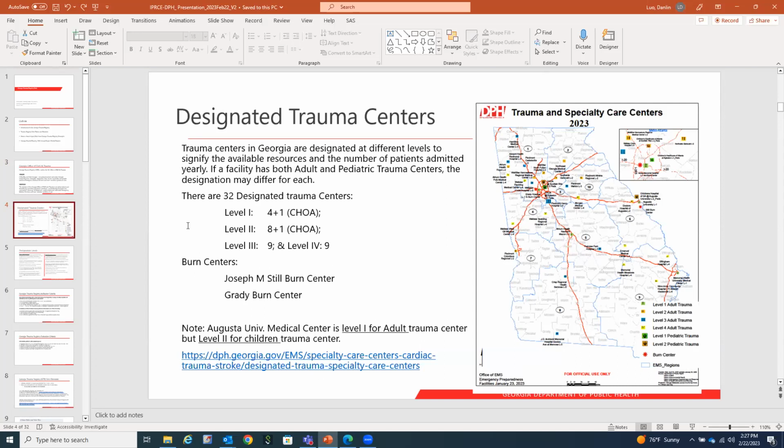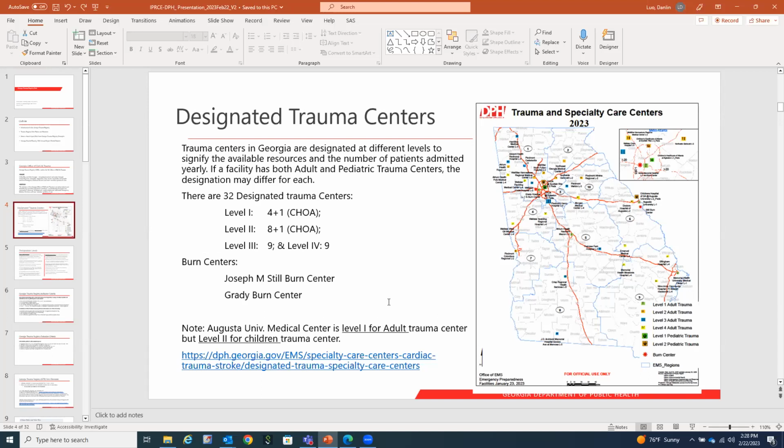Right now, there are 32 designated trauma centers. Level 1: 4 adult centers, 1 children's center. Level 2: 8 adult centers, 1 children's center. Level 3: 9 trauma centers. Level 4: 9 trauma centers.